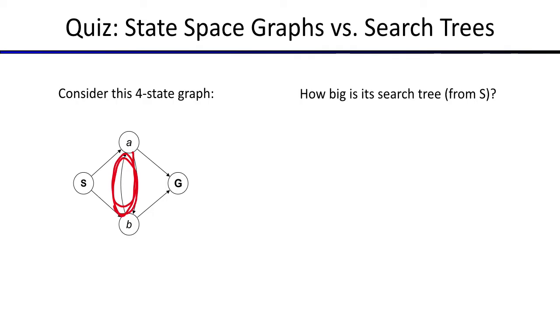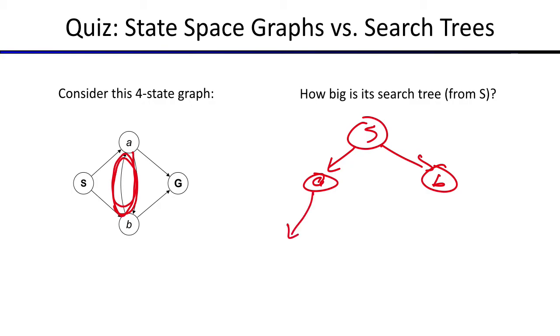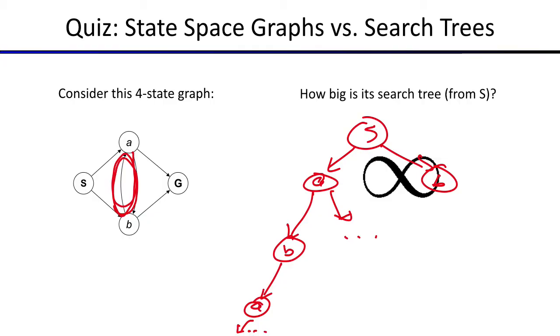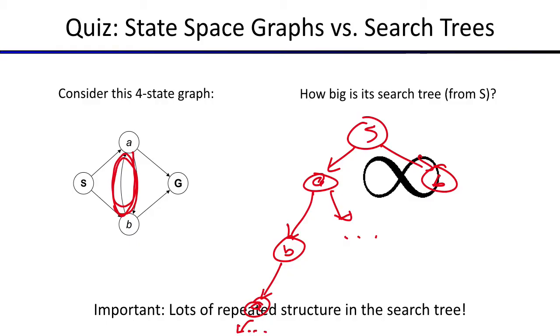And so if we start at S, then we have A and B, and a successor of A is B. There's some other stuff too, but there's a B here, and there's a successor of B that is A, and on forever. So we have an infinitely large search tree. Unfortunately, I don't have an eraser on this tool, so there's that. So there's a lot of repeated structure in the search tree. We'll see this come up again and again today and tomorrow.